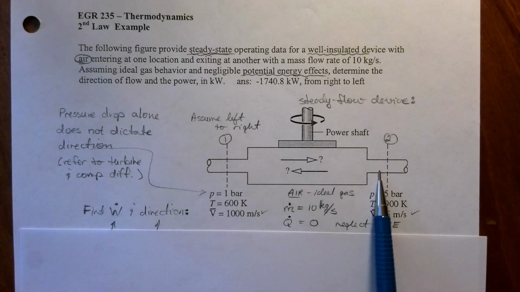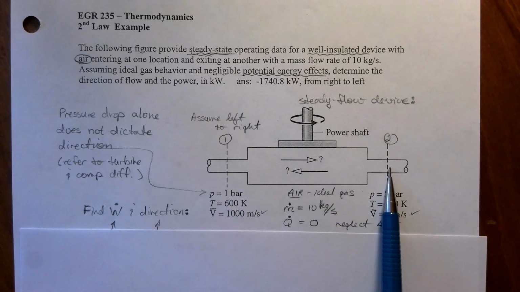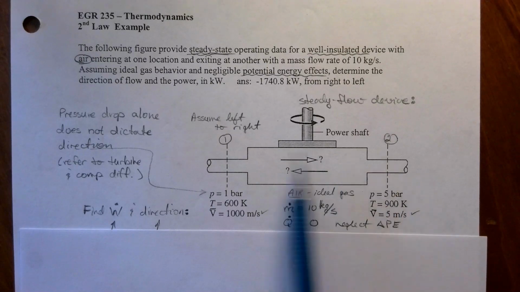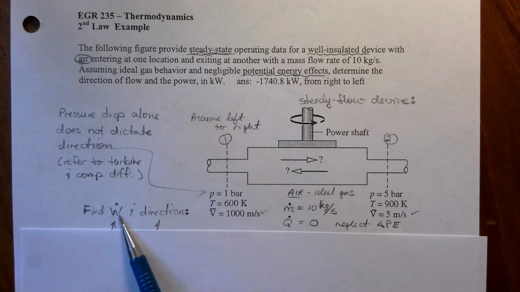If the second law shows that the entropy production is negative, then I know I've chosen the wrong direction and the actual process is going from 2 to 1. And then if you repeat the second law analysis, assuming that you're going from 2 to 1, you'll get exactly the same result with a different sign, showing that entropy production is positive. Okay, so that's how we're going to do it. The first law will then give us W dot.